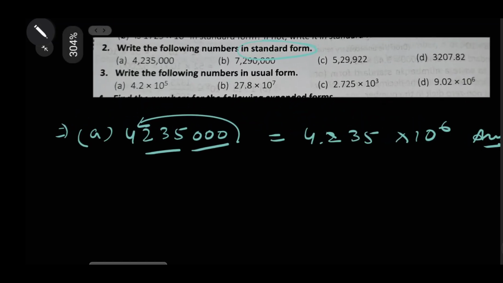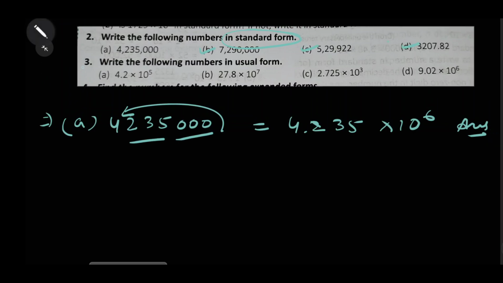How many places do we have to move? 3, 3, 6. So it will become 4.235 into 10 to the power 6. So this is our answer. In the same way, we will do the rest of the questions, and this is your homework.